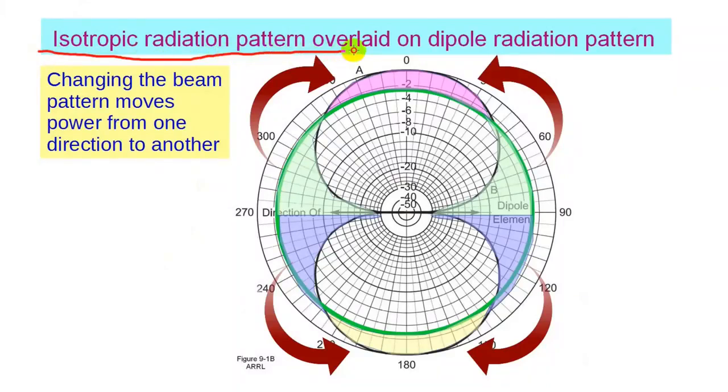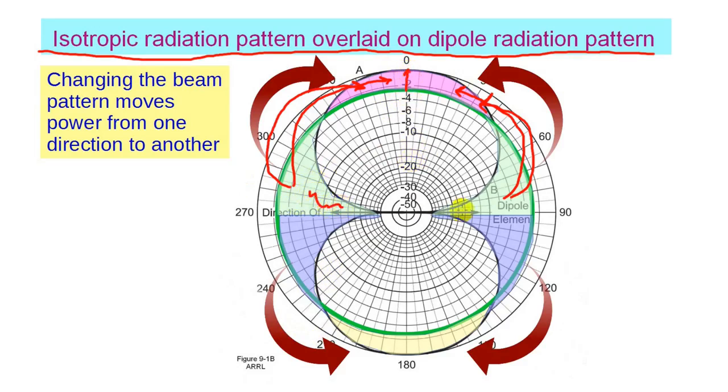Well, if we squeeze the isotropic in here, meaning we don't radiate in an east-west direction, that will provide power in other areas. On the upper half, we can rob power from the green areas to create power for the magenta area. The green areas look like they're bigger than the magenta area, but that's just an artifact of working with a log scale.